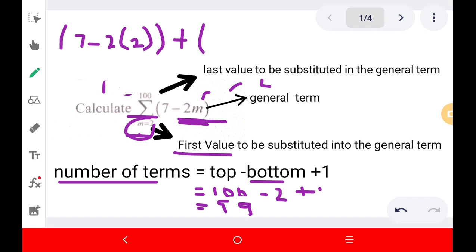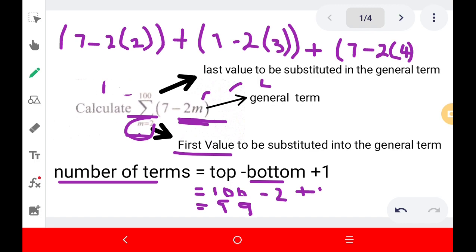After that, we have 7 minus 2 multiplied by 3. The next value after 2 is going to be 3. That is going to give us our second term. Then we're going to have 7 minus 2 multiplied by 4. This is going to give us our third term.